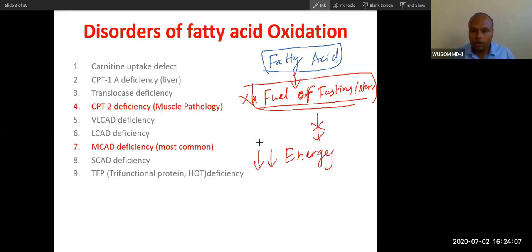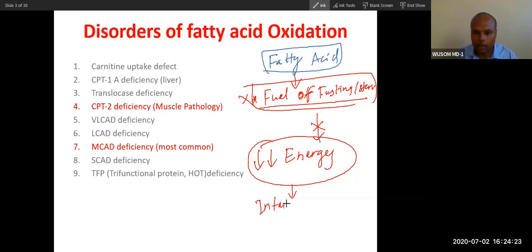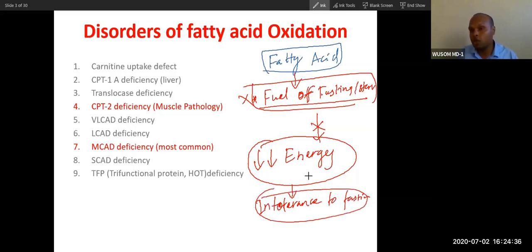Energy will be low. This is the center of pathogenesis of this disorder. So the patient will have low energy during fasting condition. The patient has intolerance to fasting. The baby will have intolerance to fasting. And which tissue is involved?